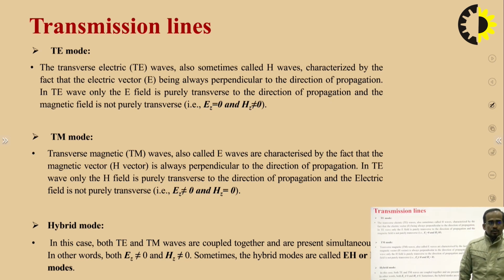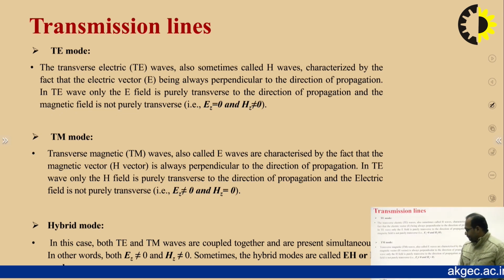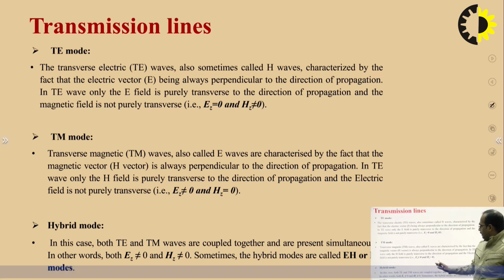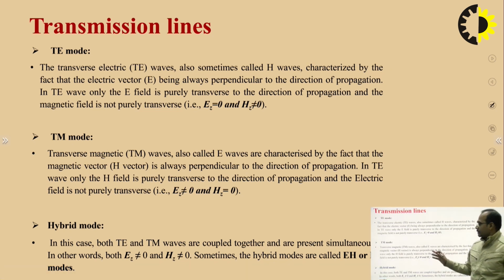And in TM mode, transverse magnetic waves, also known as E waves, are characterized by the fact that the magnetic vector is always perpendicular to the direction of propagation. In TM wave, only the H field is purely transverse to the direction of propagation and the electric field is not purely transverse. That is, Ez is not equal to 0 and Hz is equal to 0 in case of TM mode, but in case of TE mode, Ez is equal to 0 and Hz is not equal to 0.